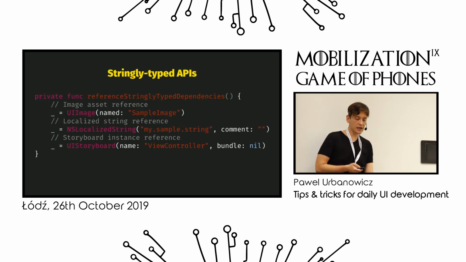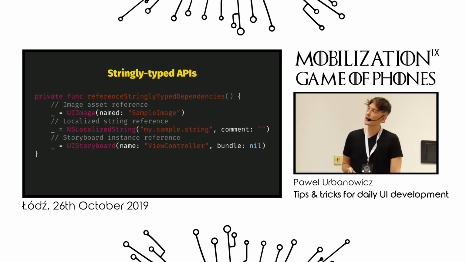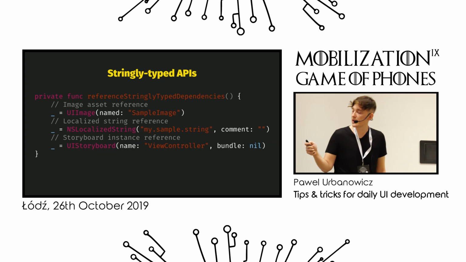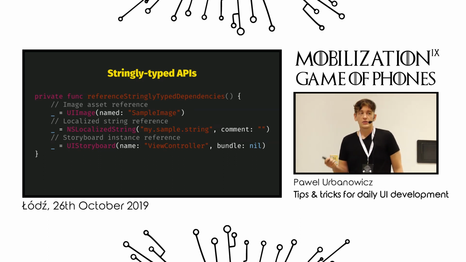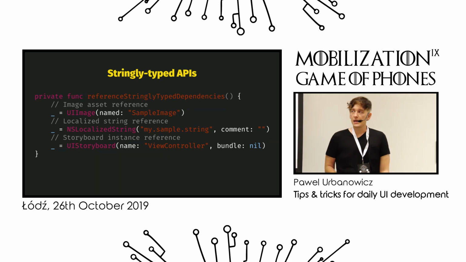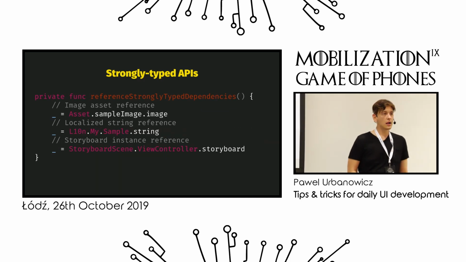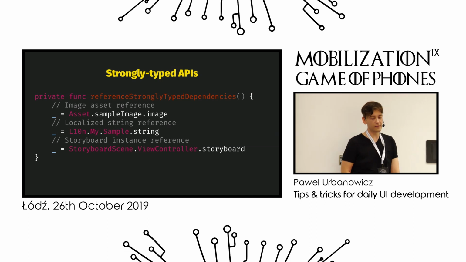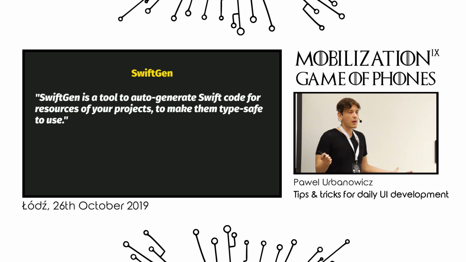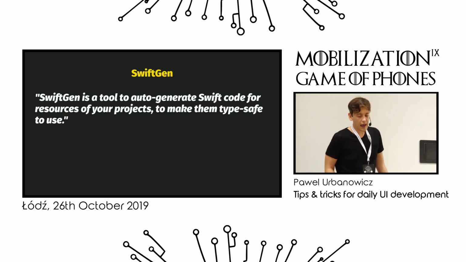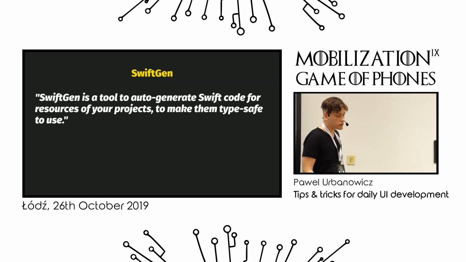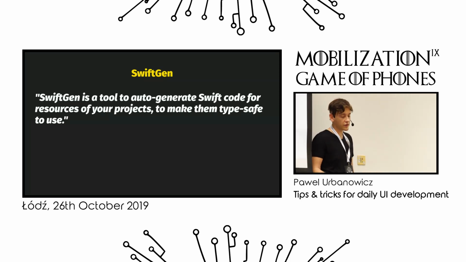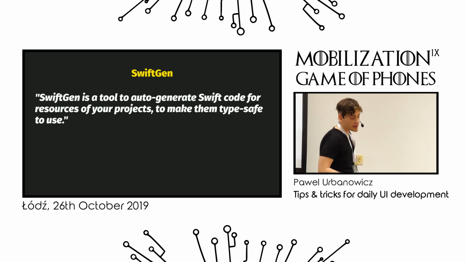So how do we change those kinds of APIs, where we have, like previously mentioned, UIImage or localized strings and storyboards, to strongly typed APIs like this? Well, there are a couple of solutions for that, and the first one is SwiftGen. Probably it's the best idea to use a tool like that, which, as you can see on the slide, is a tool to auto-generate Swift code from resources of your projects to make them type safe to use.